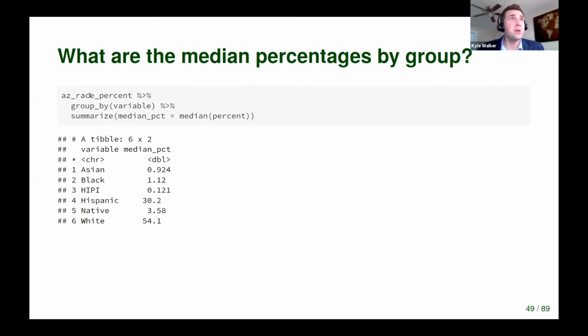I take my Arizona race percent data set, then I group it by the variable column in this case, which is going to be the racial or ethnic category. And then I summarize by creating a new column where the median percentage is calculated with the median function here. Let's try it out.